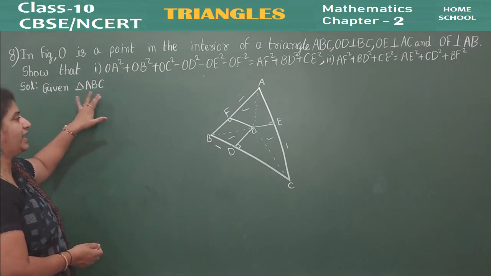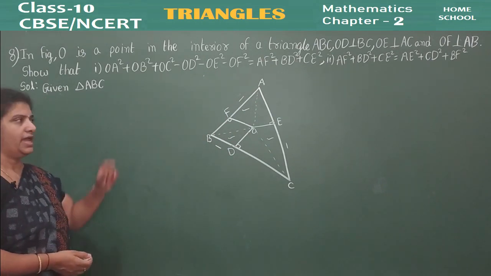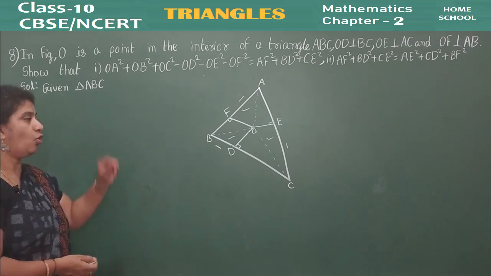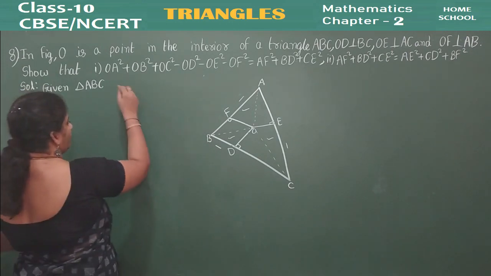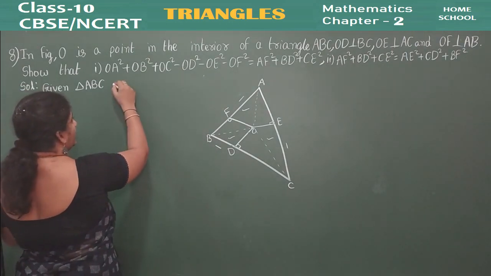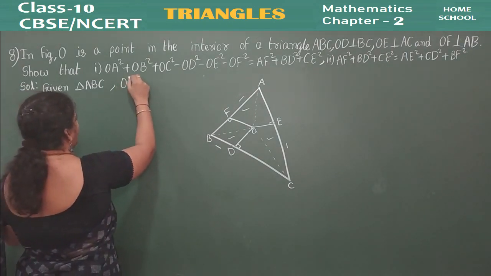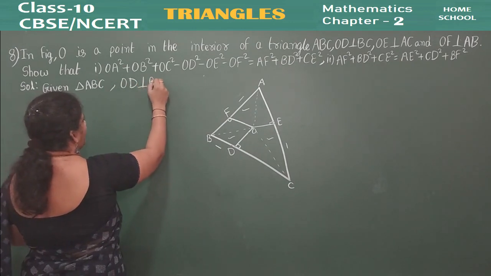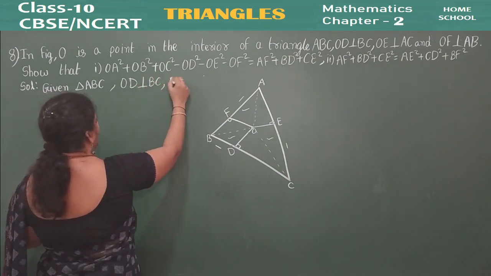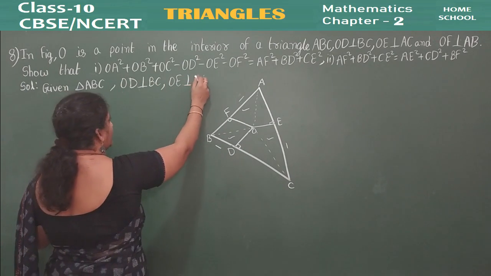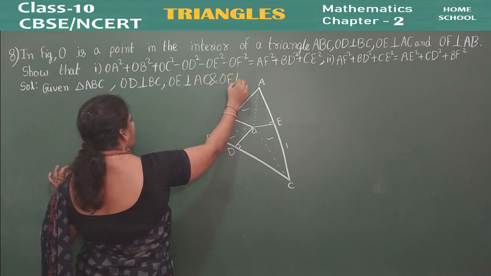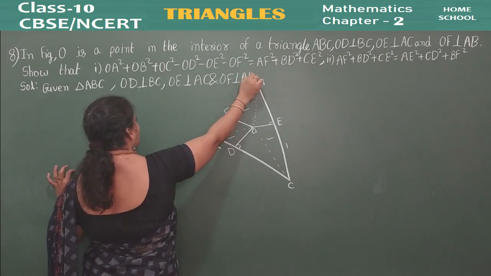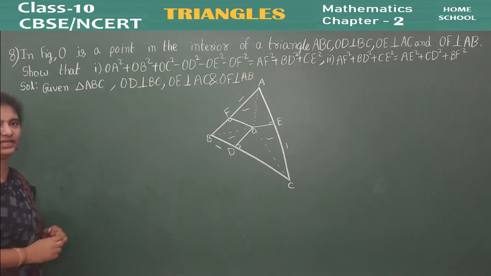Given: ABC is a triangle. O is a point inside the triangle, no need of writing that. And then what did they give here? OD perpendicular to BC, OE perpendicular to AC, and OF perpendicular to AB. This is your given data.